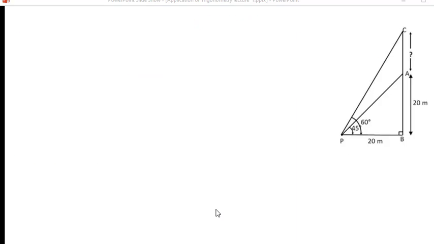To calculate it, when we take triangle PBA, we will get the value of PB, and when we take triangle CPB, we get the value of PC. AB we already know, so we will subtract AB from this BC and we will get the value of AC.